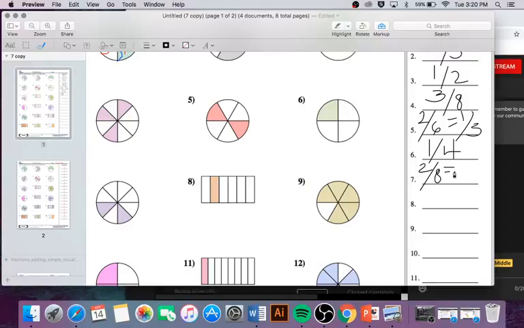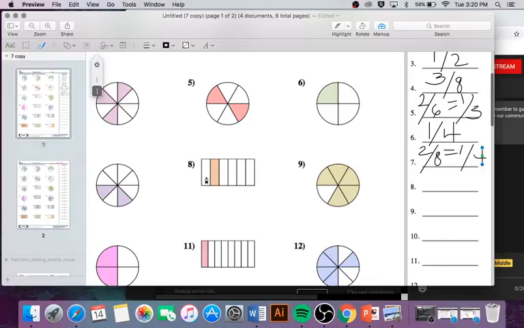Our greatest common factor that goes into both 2 and 8 would be 2. So 2 divided by 2 is 1. And 8 divided by 2 is 4. So our final answer would be 1/4.